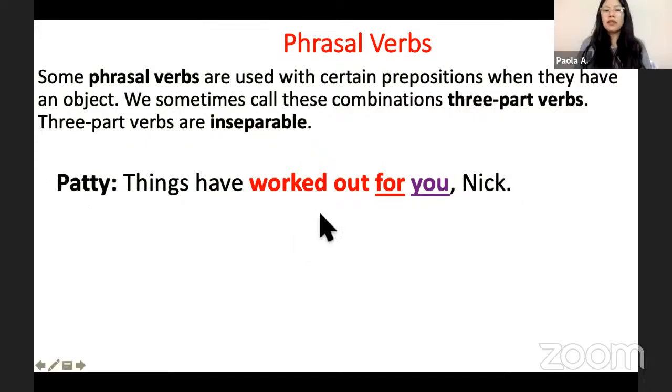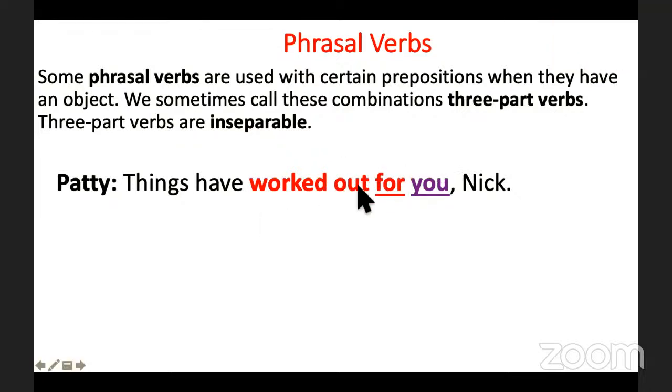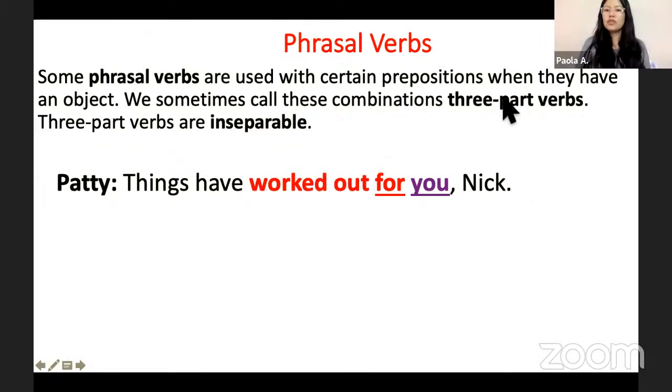Excellent. So in this example, we have a 3-part verb, right? Work out for, and this is also inseparable. Usually 3-part verbs like work out for are inseparable. We don't separate them either. And whatever we are talking about goes after the phrasal verb.